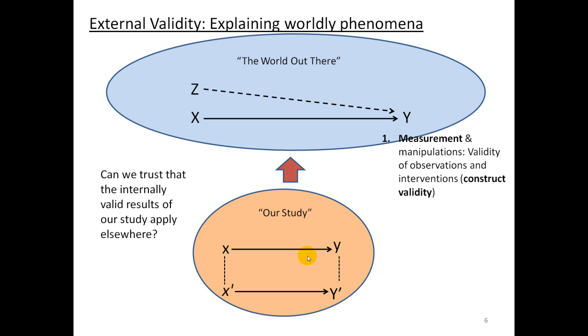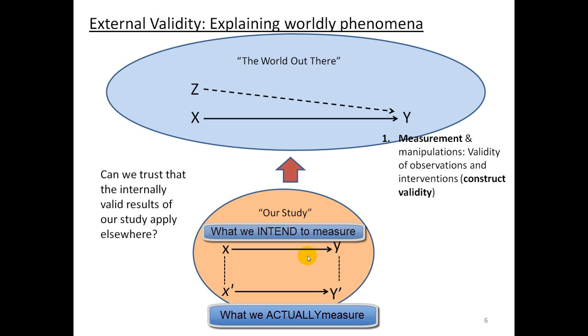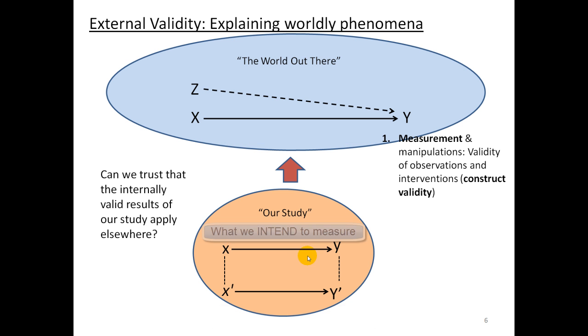So what we measure or observe, X prime and Y prime, may or may not be what we think we have measured, little x and little y, which in turn may or may not be a good representation of the theoretical constructs we're really interested in, capital X and capital Y.